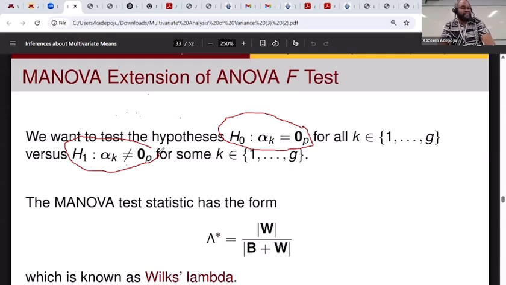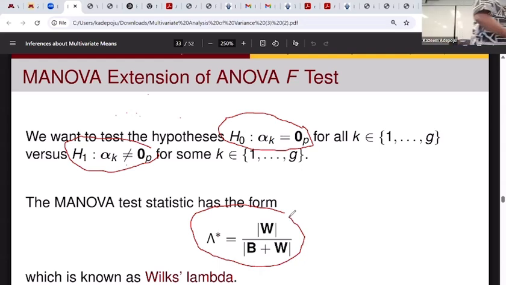Then what will be the test statistic? The test statistic is going to be this. If you take a look at that, the determinant of W is more or less like a generalized variance.